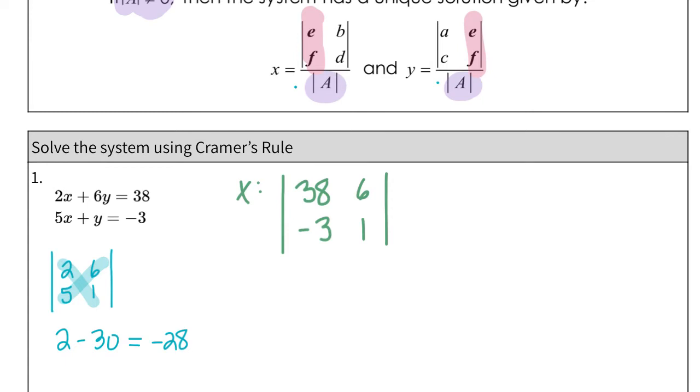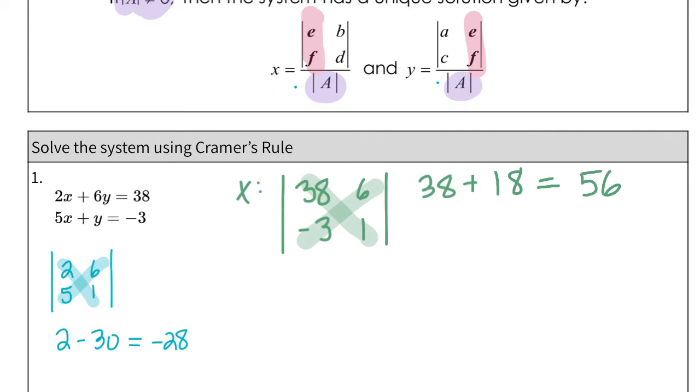Okay, so determinant means we need to do our diagonals. 38 times 1 is still 38, minus negative 3 times 6 is negative 18, so I know this is going to turn to a plus sign. So that gets me 56.